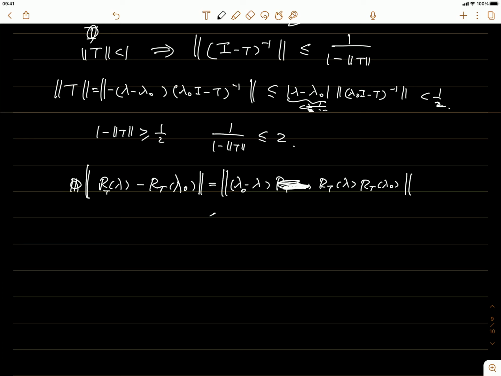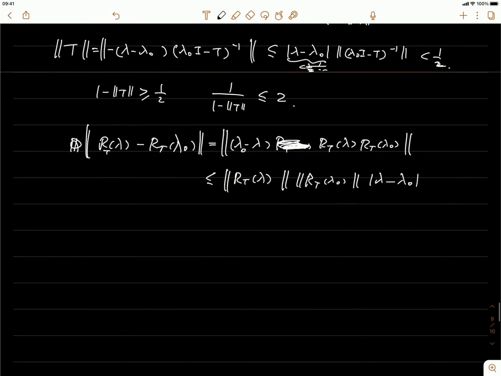So here I will get that this is less than or equal to the norm of RT lambda and the norm of RT lambda naught times the absolute value of lambda minus lambda naught. I put a negative sign inside, but it doesn't matter. And I know that the norm of RT lambda is less than or equal to 2 times the norm of RT lambda naught.